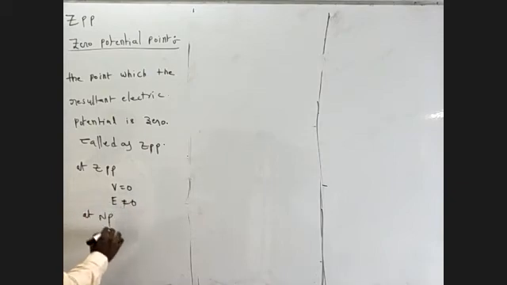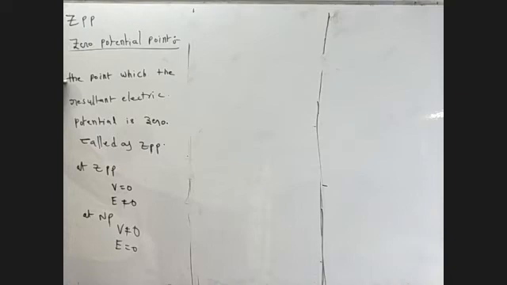At the neutral point, electric potential is not equal to 0, and electric field is 0. The point at which the resultant electric potential is 0 is called ZPP. At ZPP, V is equal to 0, E is not equal to 0.